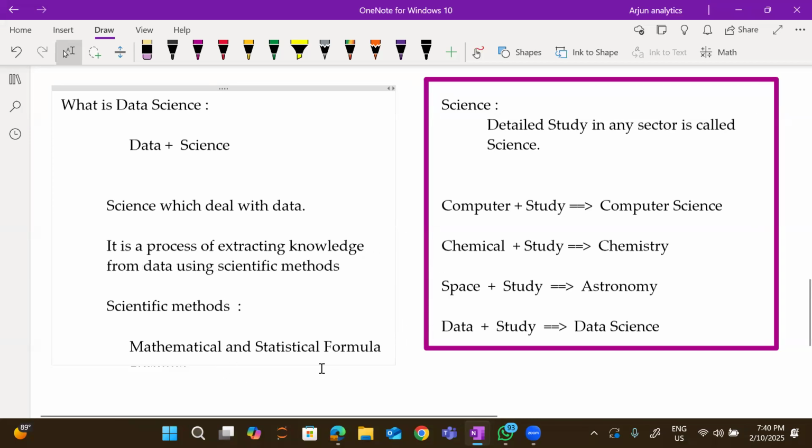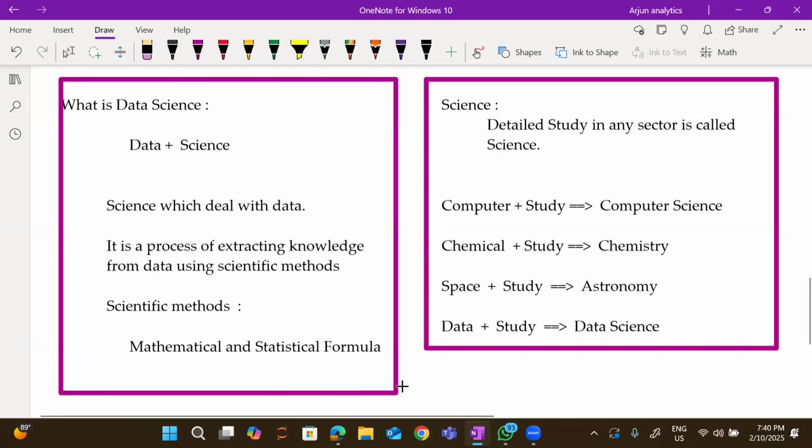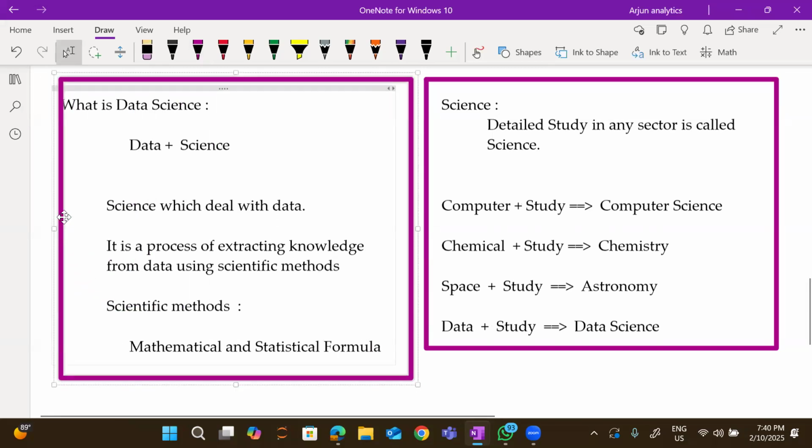Mathematical and statistical formulas are called scientific methods. This is the definition you can go with for data science.